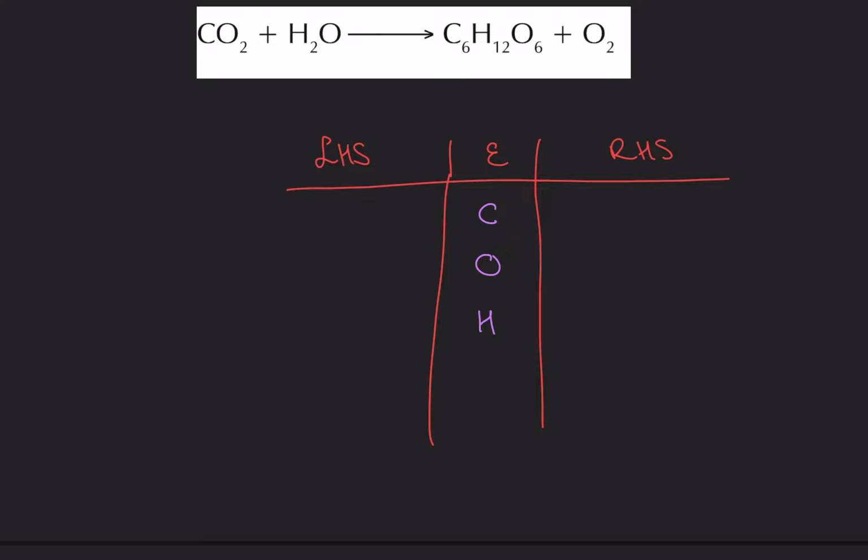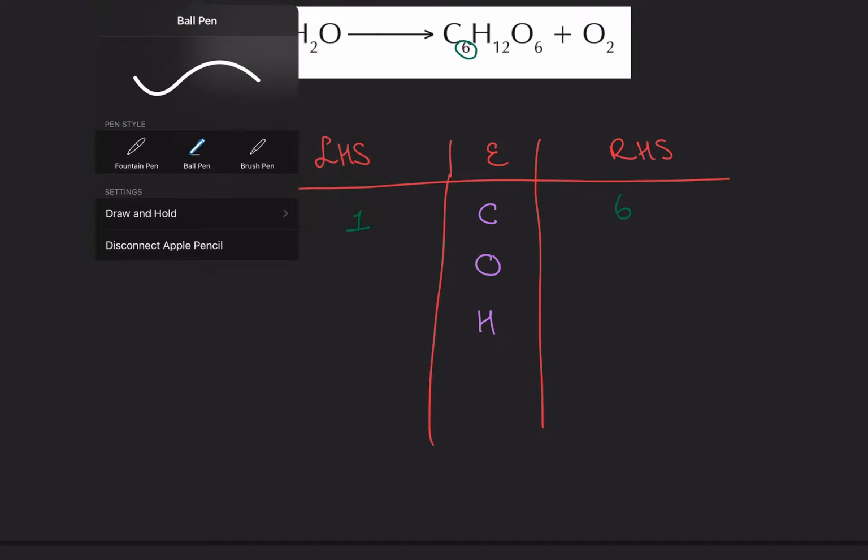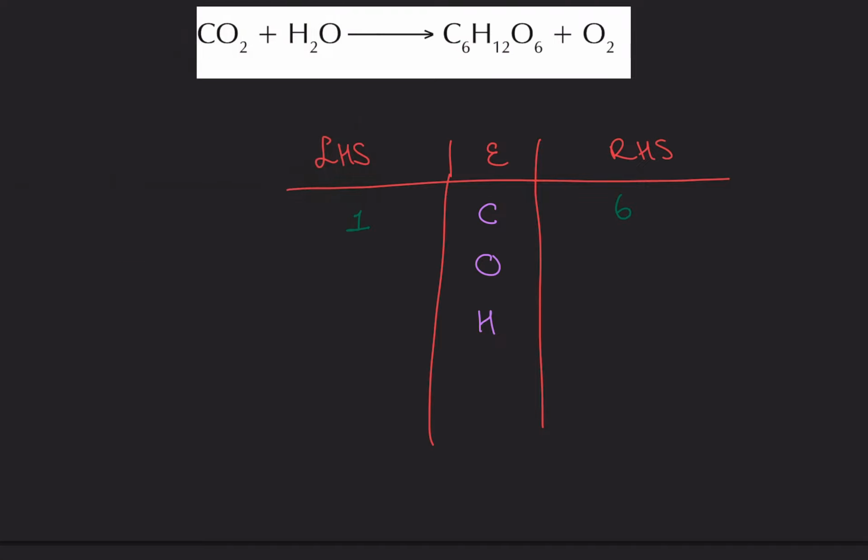Carbon has 1 on this side, and we have 6 on this side. So there's already an imbalance there. Then we'll take a look at our oxygens. I have 1, 2, and another 1, so I have 3.